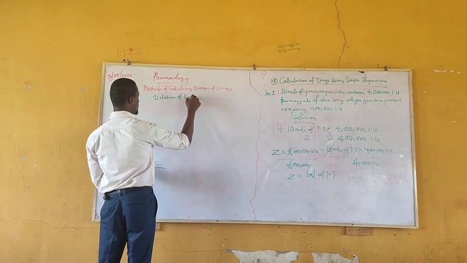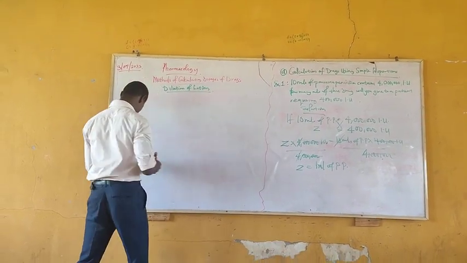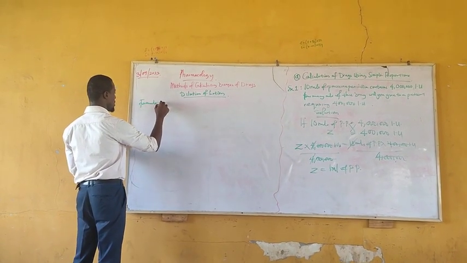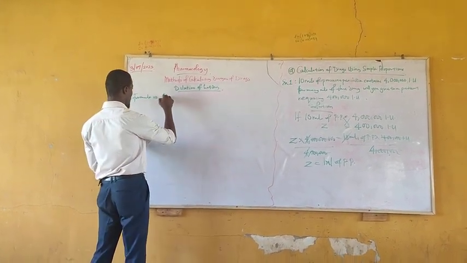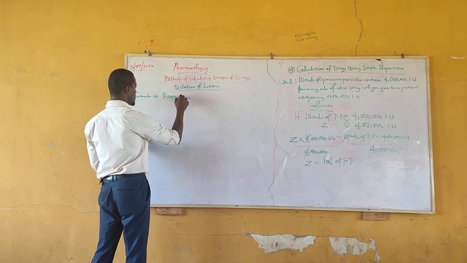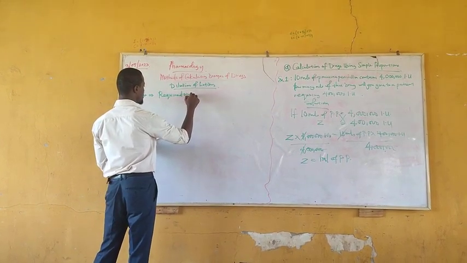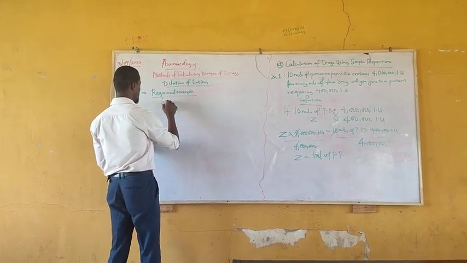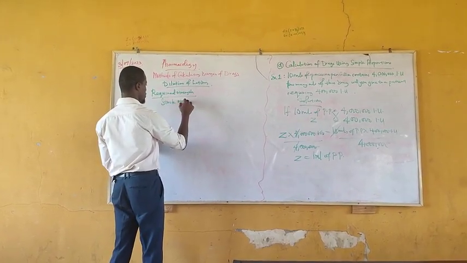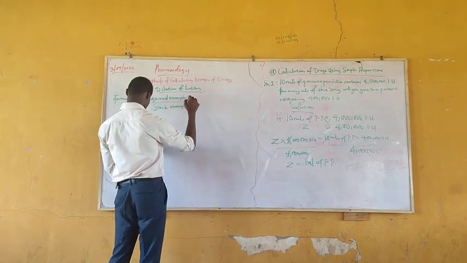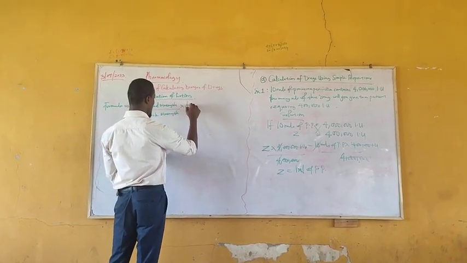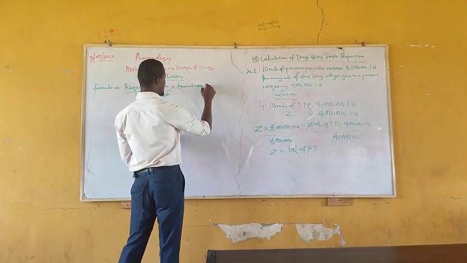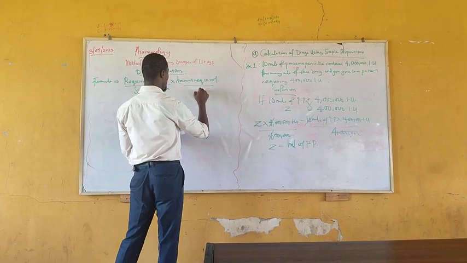Here, the formula we have is required strength over stock strength times amount required in volume over 1.